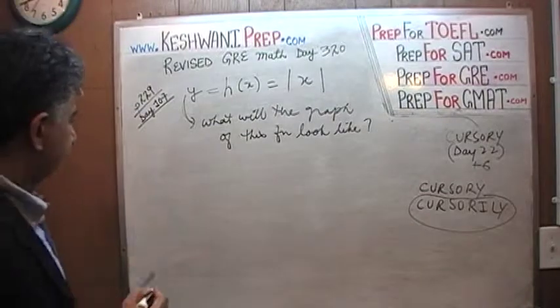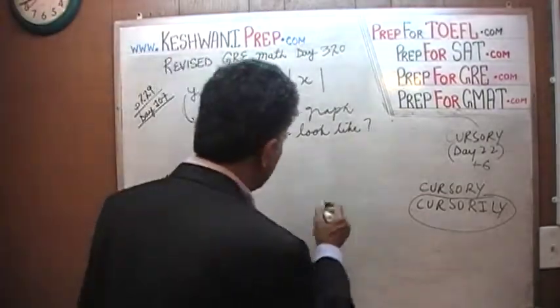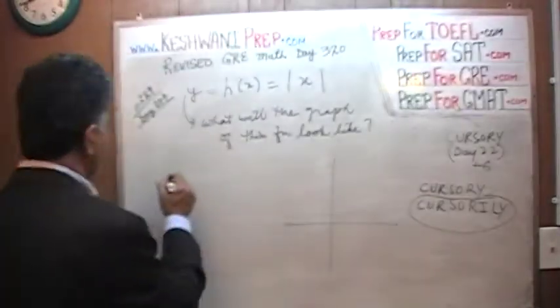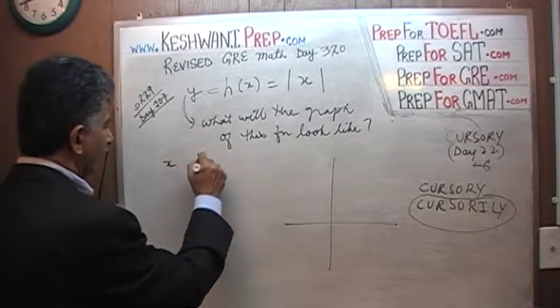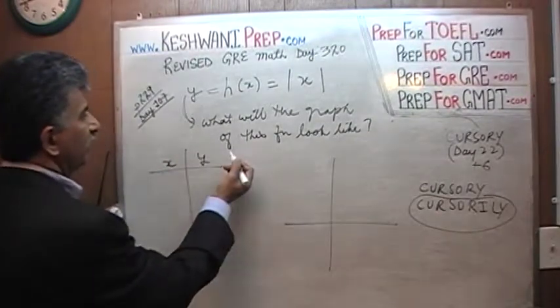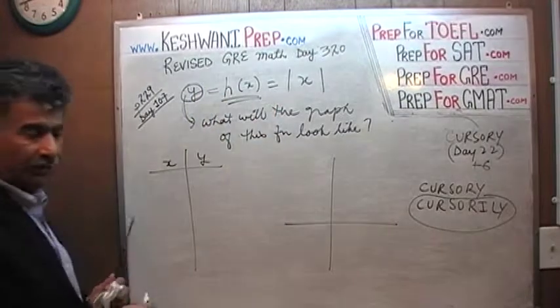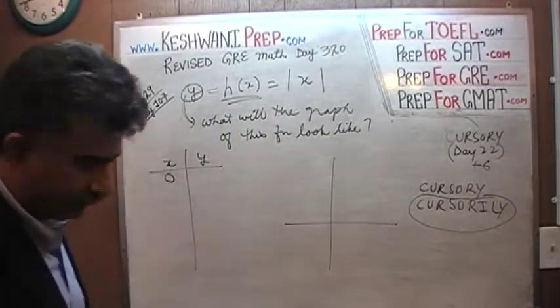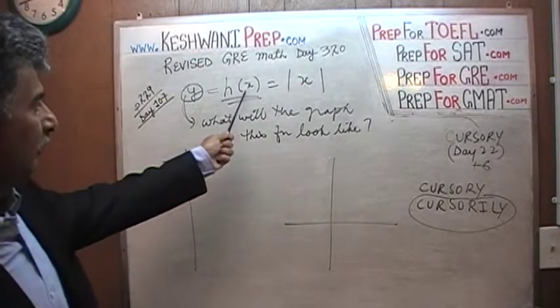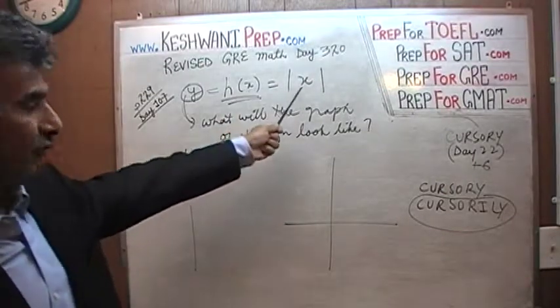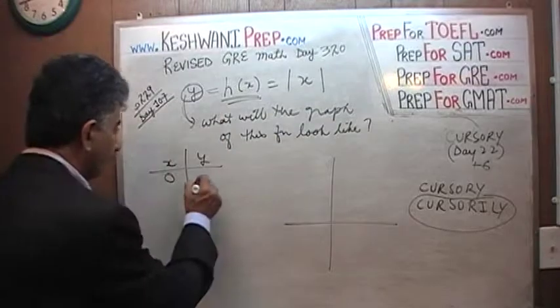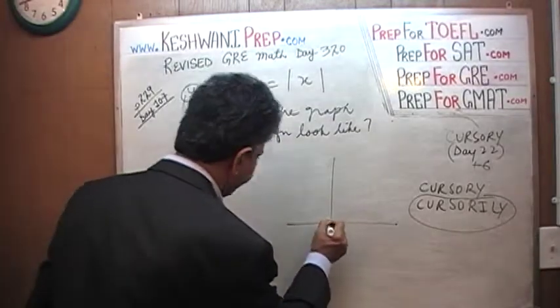Here's what's going on. We're going to draw the graph here. Here's our x and here's our y. When we talk about the function, y is the function here, h of x is the function. When x is 0, listen carefully, we put it in here. When x is 0, the absolute value of 0 is 0. So that's our first point.